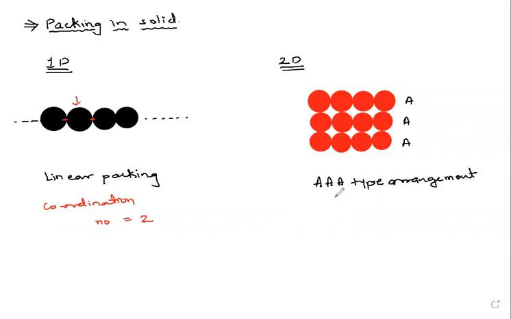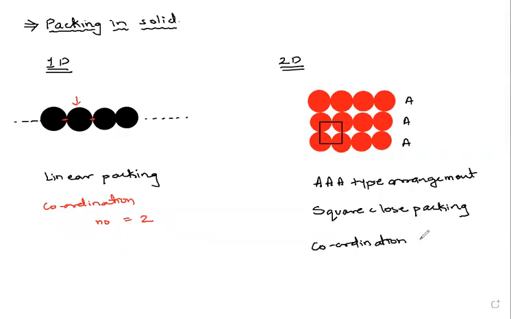Now, if you see, it will form a square. It is forming a square, so it is also called square close packing. And what will be the coordination number now?